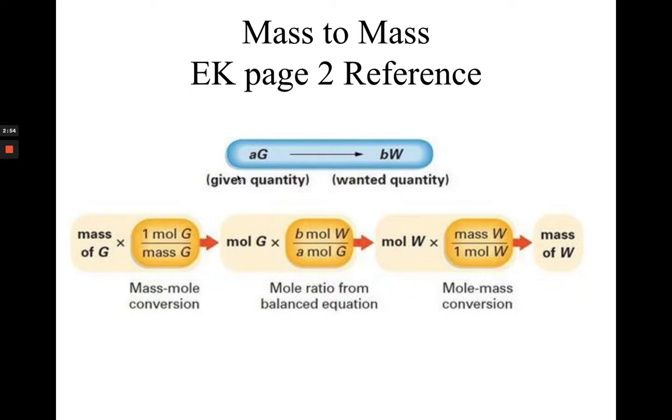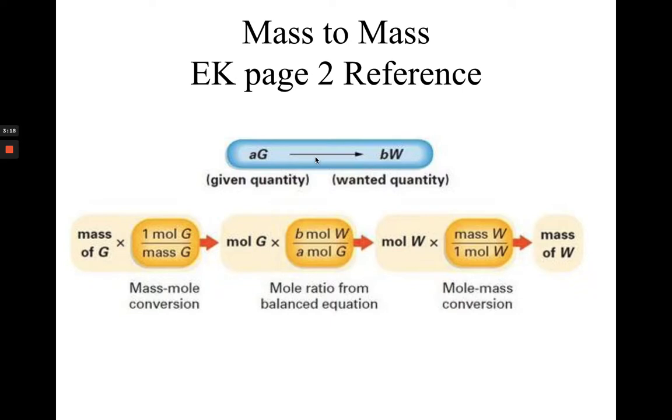We can only do this two quantities at a time. So there'll be a given quantity and a wanted quantity, and you will pick them out. For example, if I say I have a certain amount to begin with, and your client says, well, how much of the product can you make from that? That's what you'll be calculating. And you're going to need a balanced equation so you can use the coefficients. So the first step is the balanced equation.